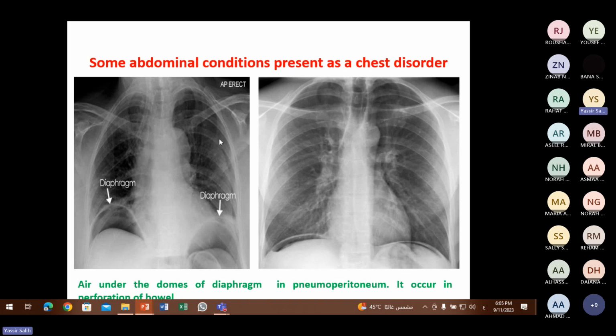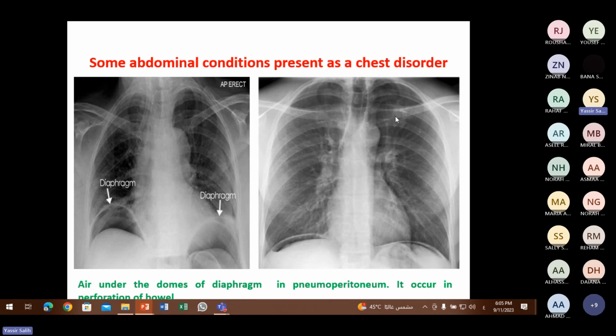This is a chest X-ray for a different patient, the right one and the left one. What striking abnormality do you see in the left one? Is the trachea normal or not? Deviated. How about the lung compared?